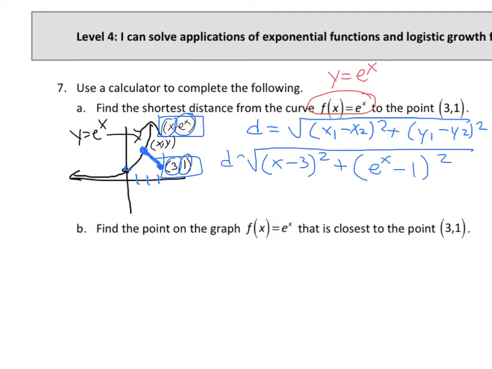And this function represents the distance between the point 3, 1 and any point on the graph of e to the x.